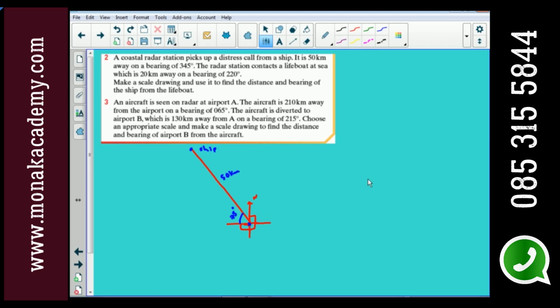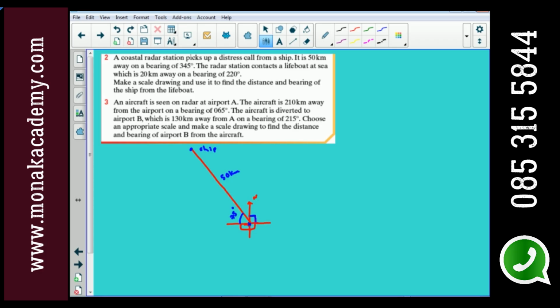So far, we agree? From the same position, that radar station, we contact a lifeboat, which is 20 km away, on a bearing of 220. Okay? So 220, we start again, 90, 180, right?